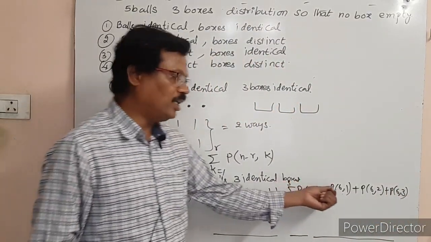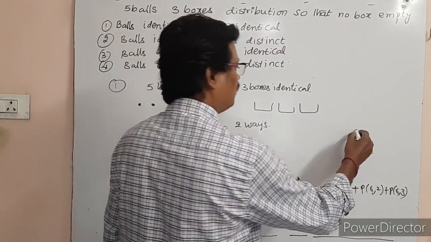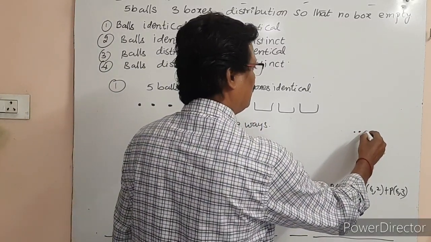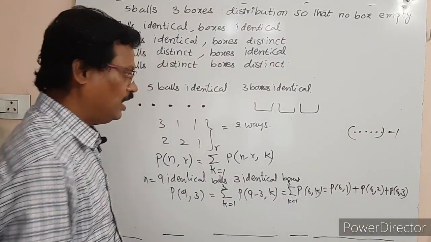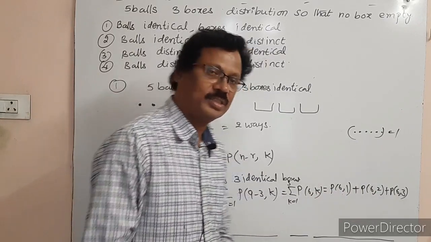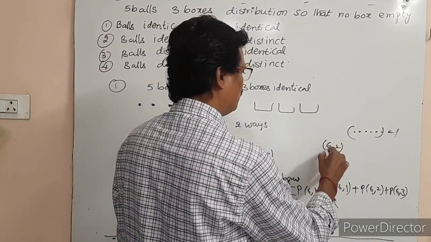Now 6 identical balls into one partition, that is one group, that is 6 balls, 1, 2, 3, 4, 5, 6 balls. This is one way. And 6 balls into 2 partitions, how? 6 comma 2.